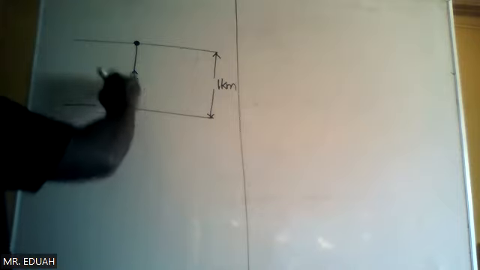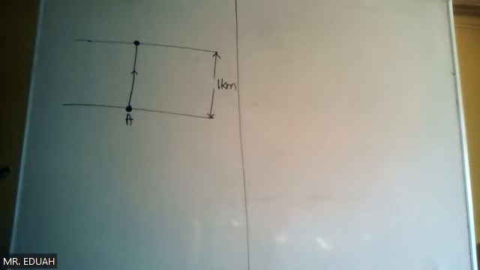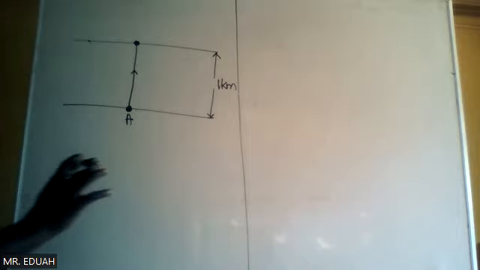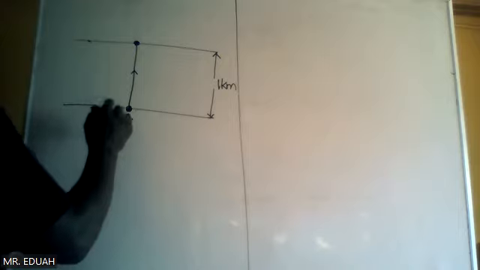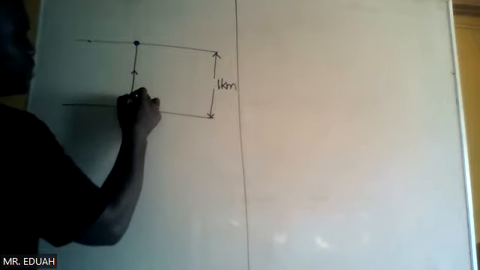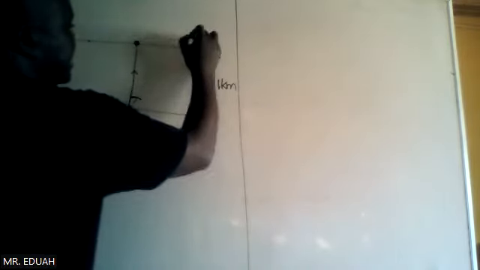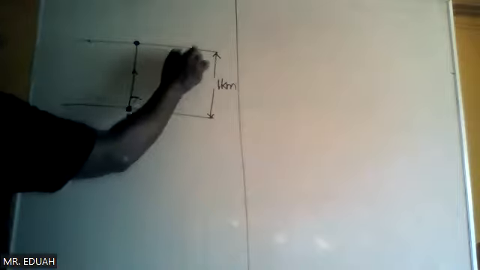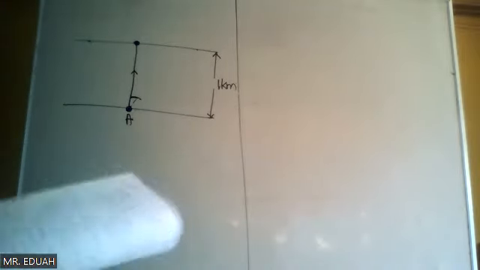When he goes this way, it's longer. So to beat the time, he's supposed to go this way. However, he can also turn to this direction and row the boat, but then he will end up at a point away from where he has to.